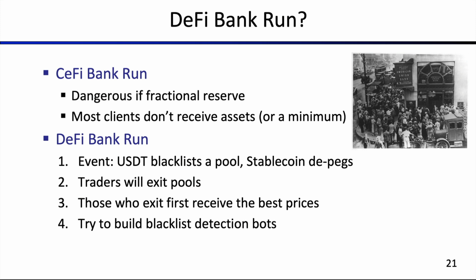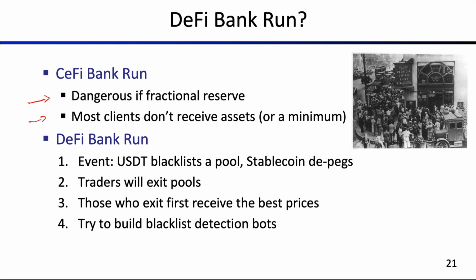A CeFi bank run is basically dangerous if a bank is operating in a fractional reserve setting with a very low ratio of assets in custody. And typically what happens if there's actually a CeFi bank run is that most clients either don't receive any assets in return, or they receive a very minimum amount back from the bank.